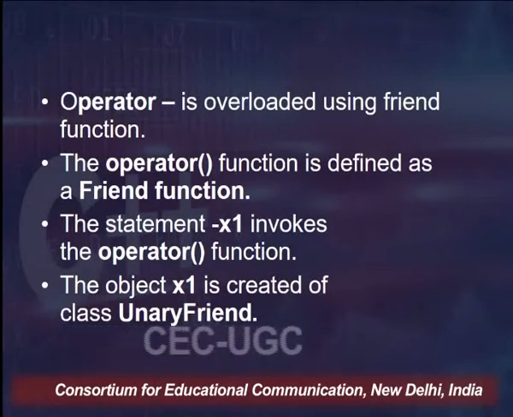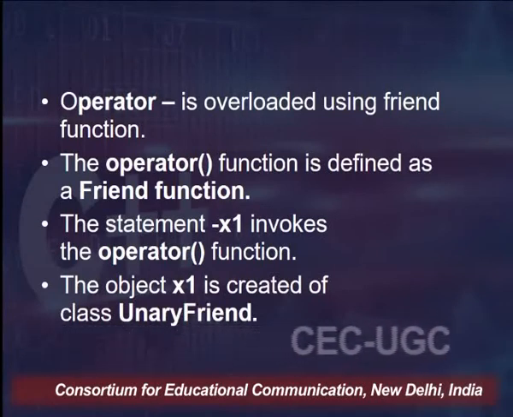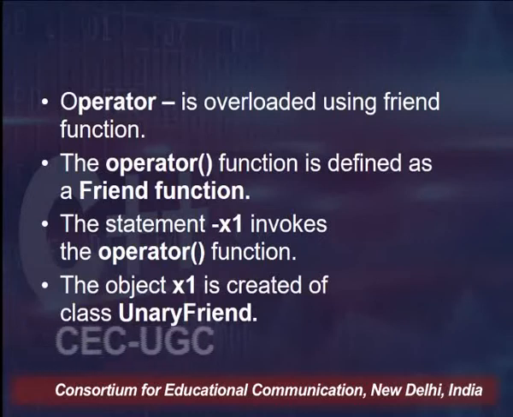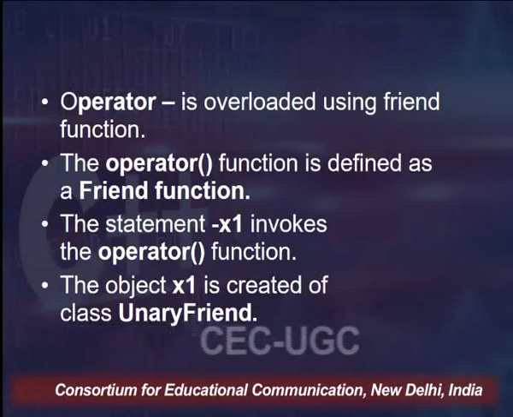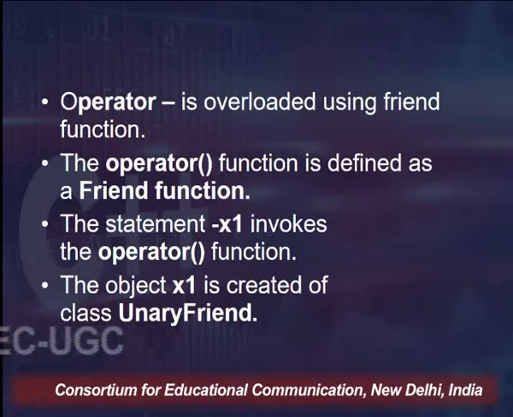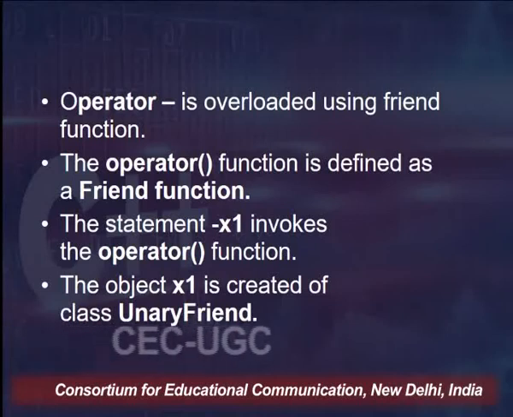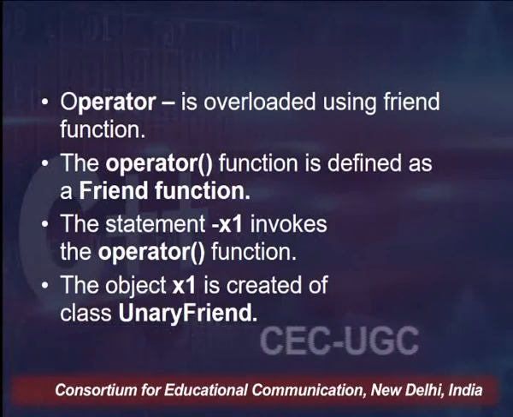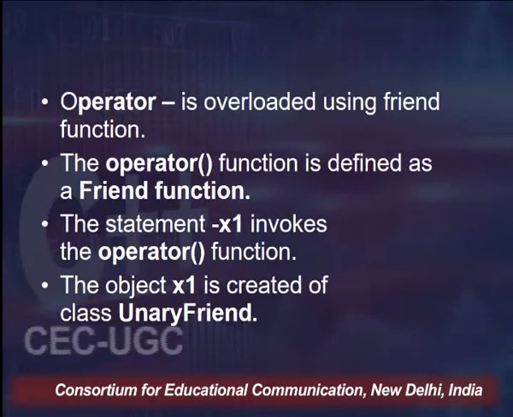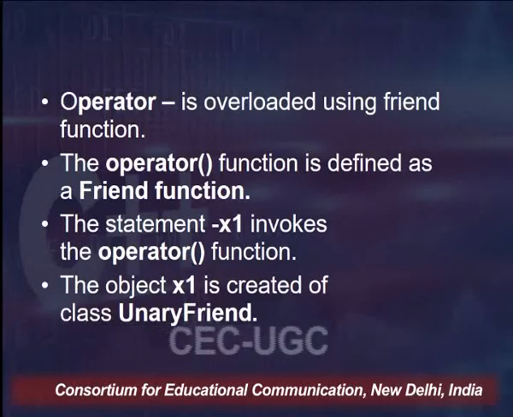This minus x1 is actually invoking the operator function. After invoking the operator function, in order to view the results, and check whether they are in the form which is desired by us, yes or no, we will call the show function once more, just to check whether this has been properly done or not.